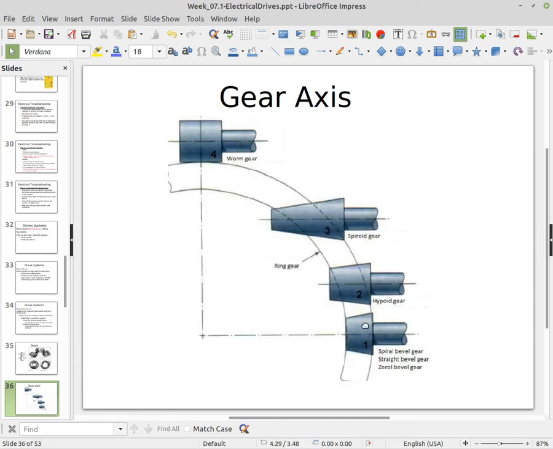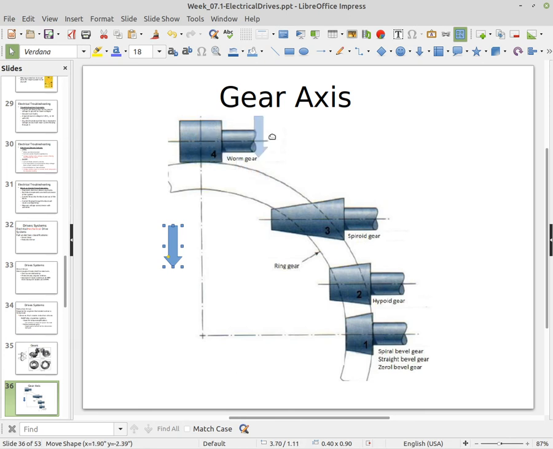All right, so here are some examples. We've got the straight bevel gear down here, so you can see that it's essentially perpendicular to the gear that it's driving. But as we start adjusting the bevels, we can go to a hypoid, to a spiroid, all the way up to what's referred to as a worm gear.